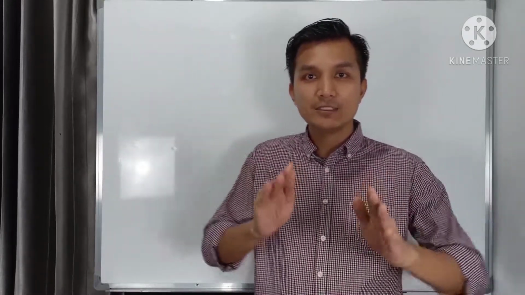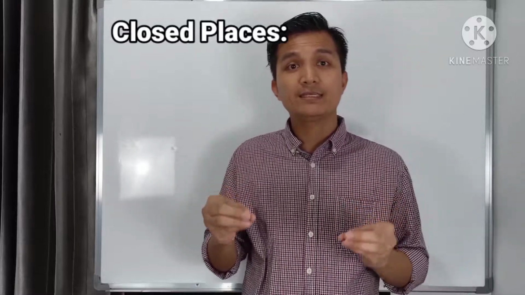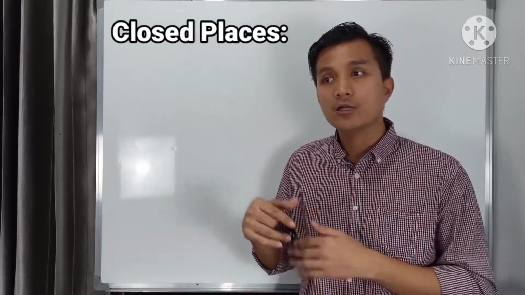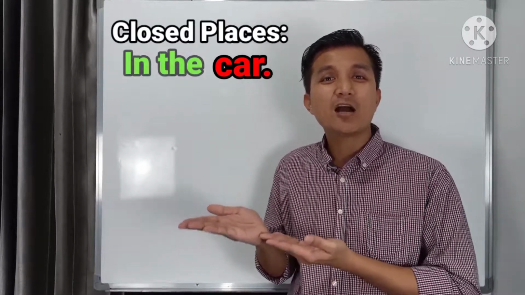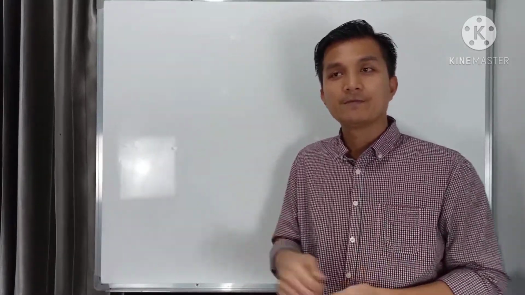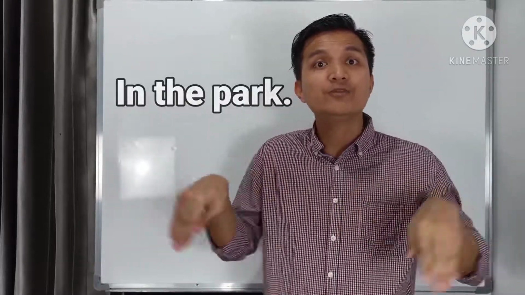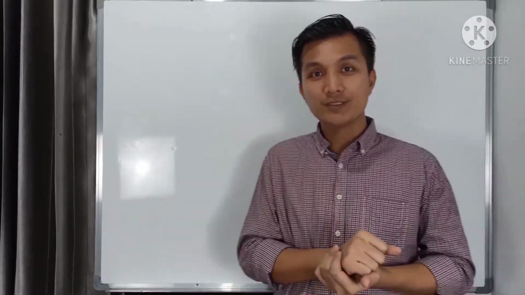You are talking about specific big places, right? And you are talking about closed places. For example, you are talking about a car, in the car, because the car is a closed place, right? Or you are talking about in the park, it has boundaries. So you are talking about those things, you will be using in.